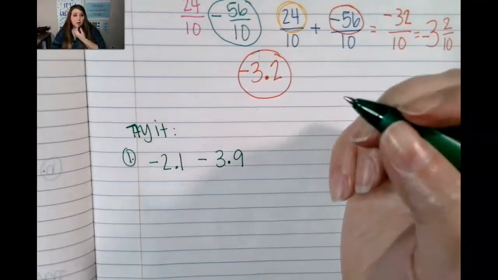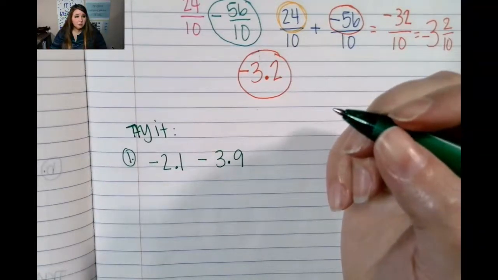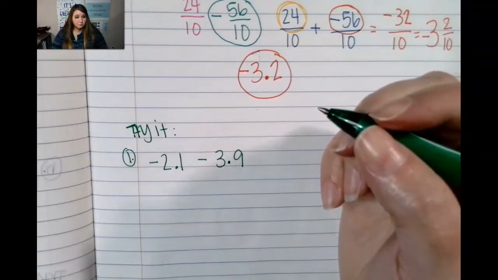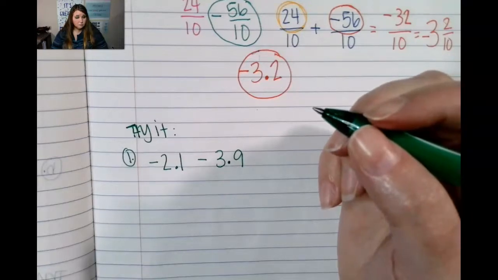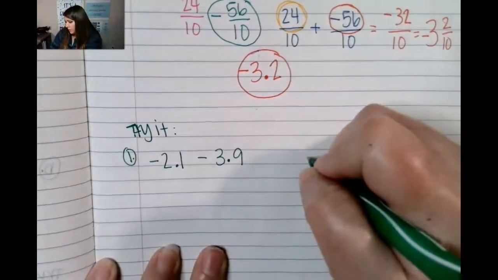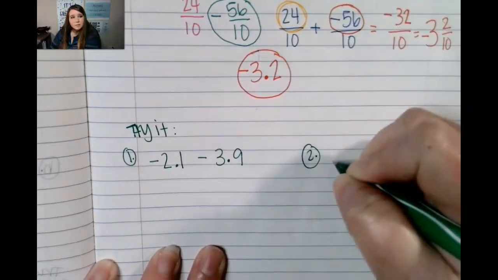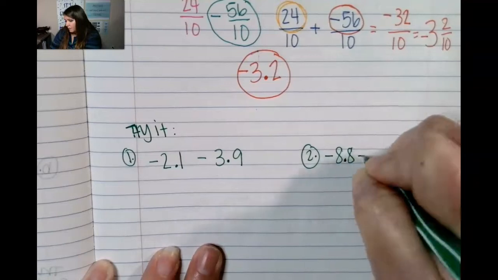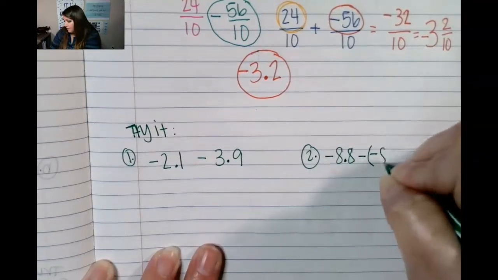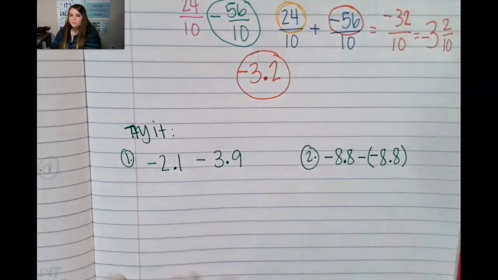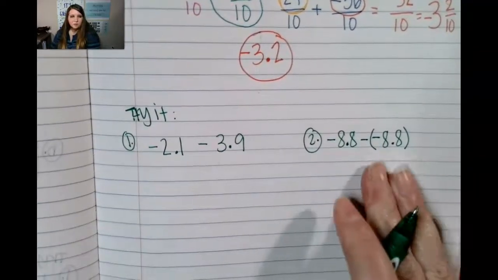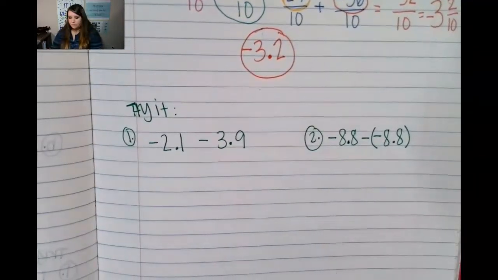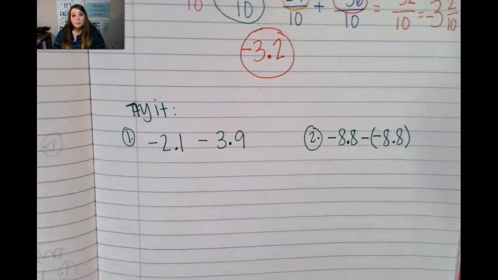You can also do, I think you could handle this one. This one's a bonus, okay? Negative 8.8 minus a negative 8.8. Okay, this one you probably don't even have to convert into decimals. Okay, go ahead and hit pause right now so you don't hear me talking. And then when you are ready, go ahead and hit play.